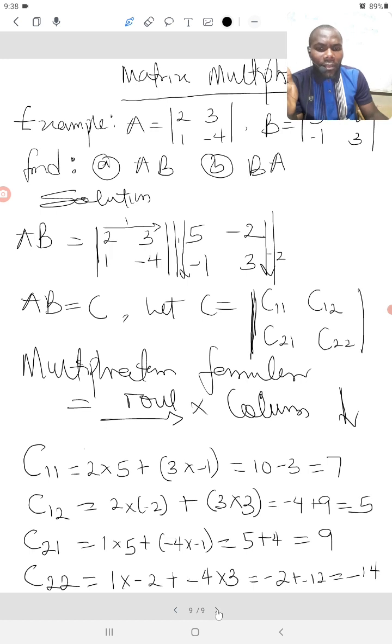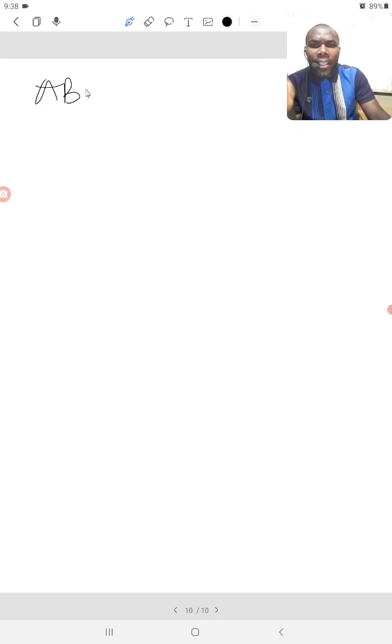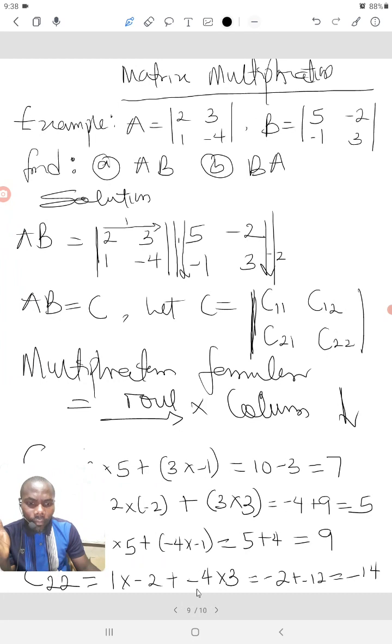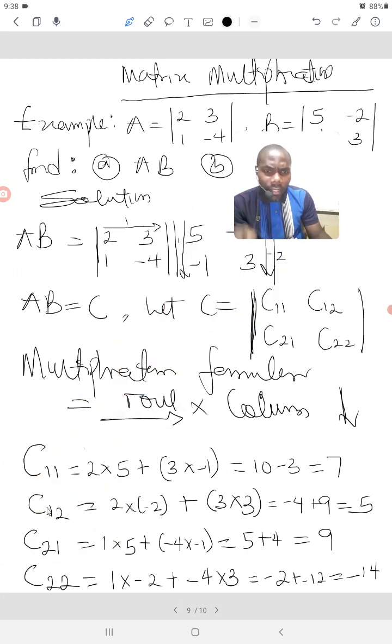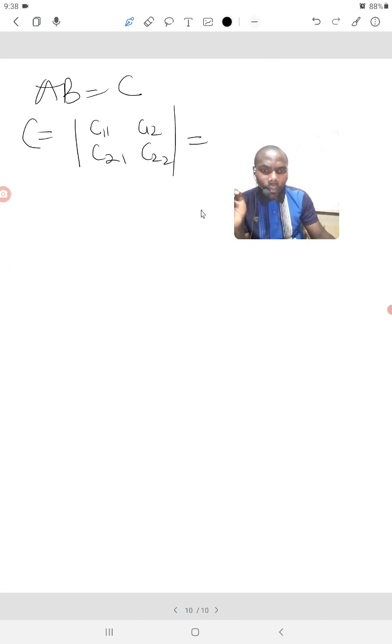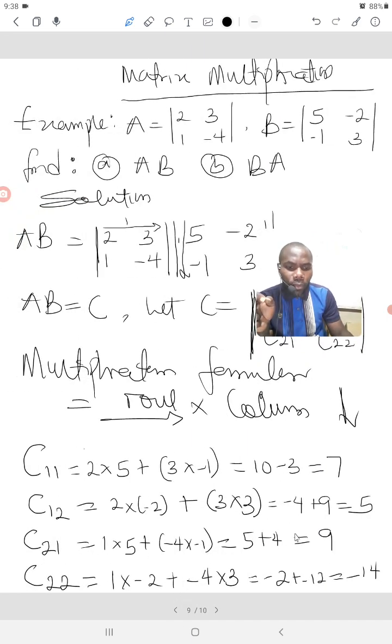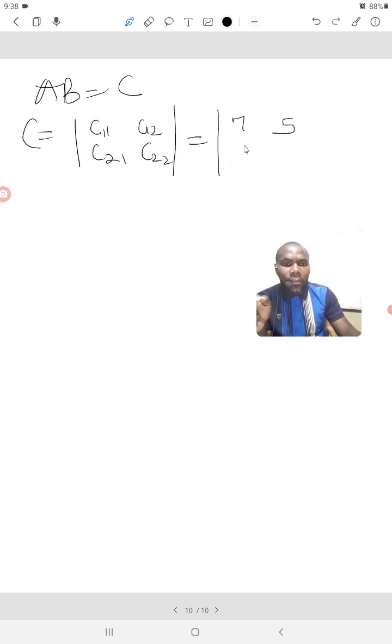So you will now see that AB is equal to C, and our C, which is equal to C11, C12, C21, C22, has been given the values 7, 5, 9, minus 14.